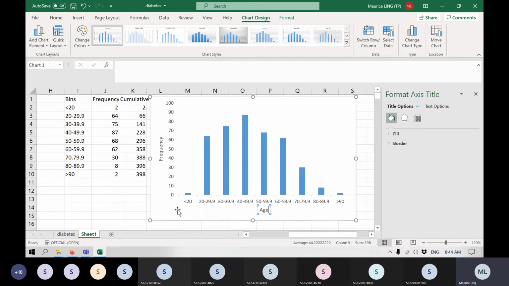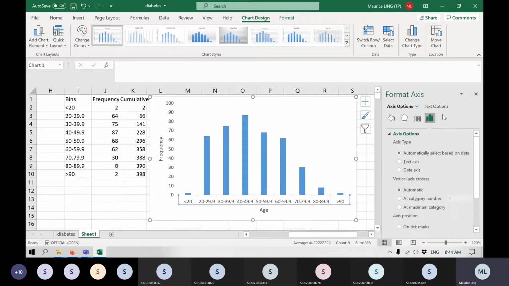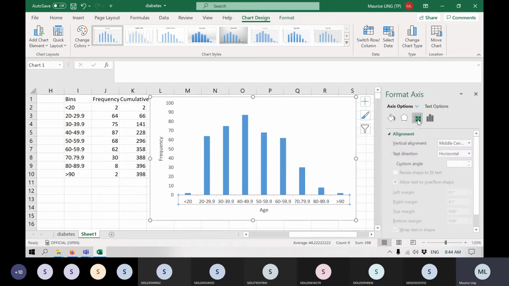Sometimes you realize that it's actually not easy to read, especially if the bins are quite close together. That means the labels may be overlapping. That is not a problem. You can go to text option, format axis. Under this text option, you see alignment, size and properties.